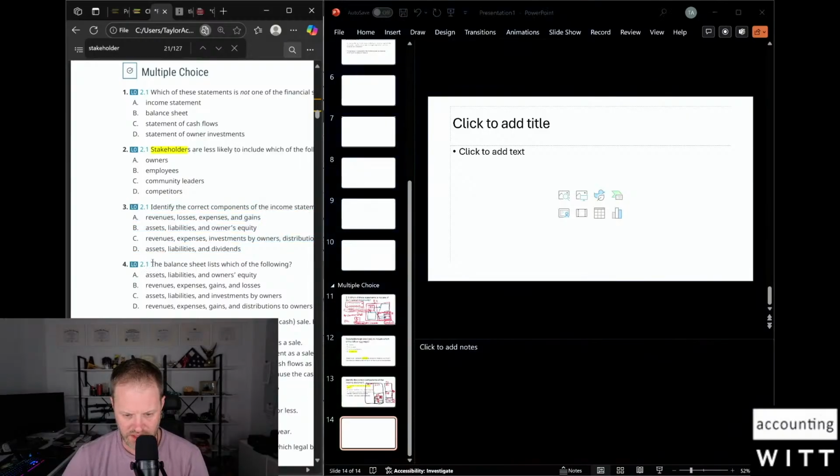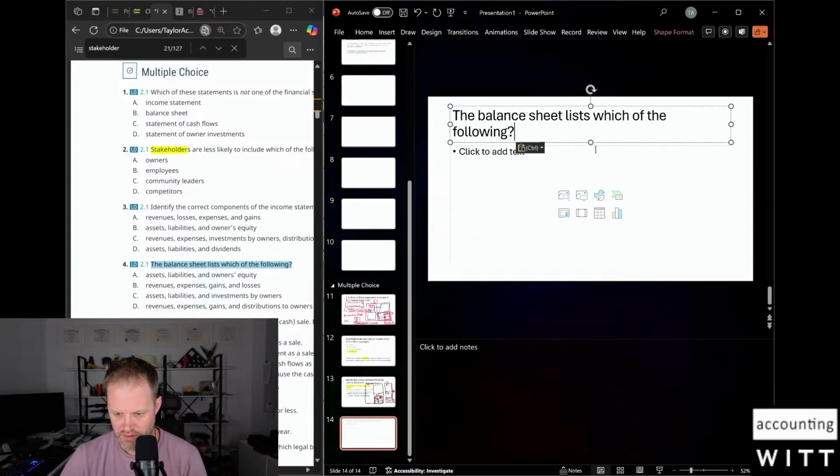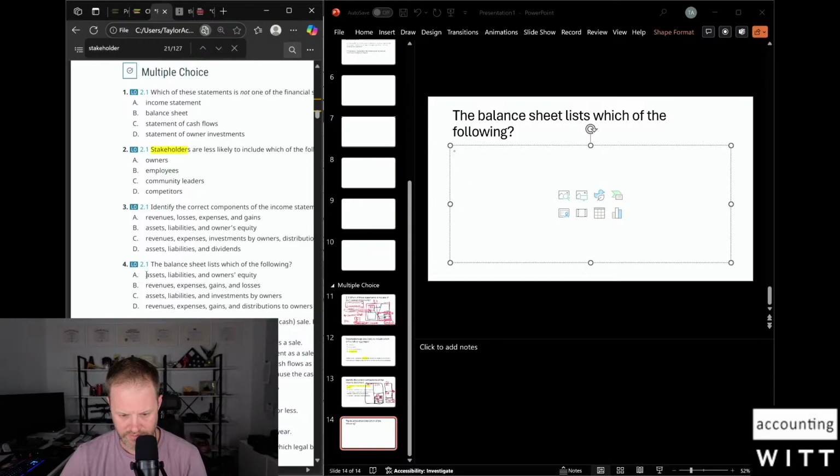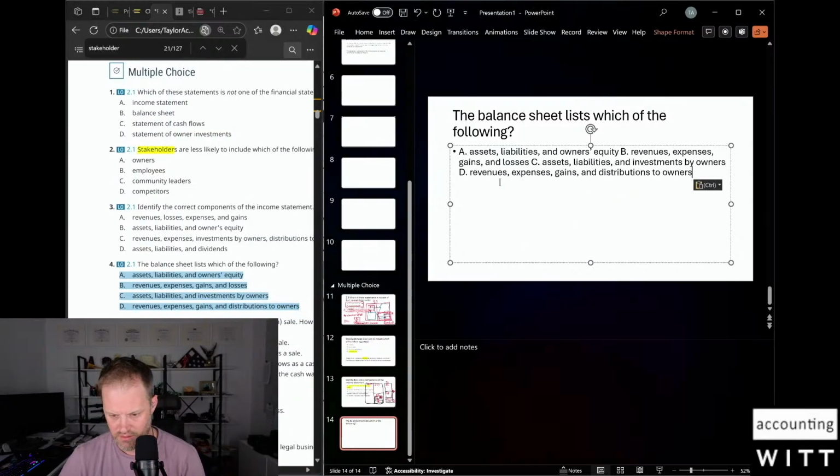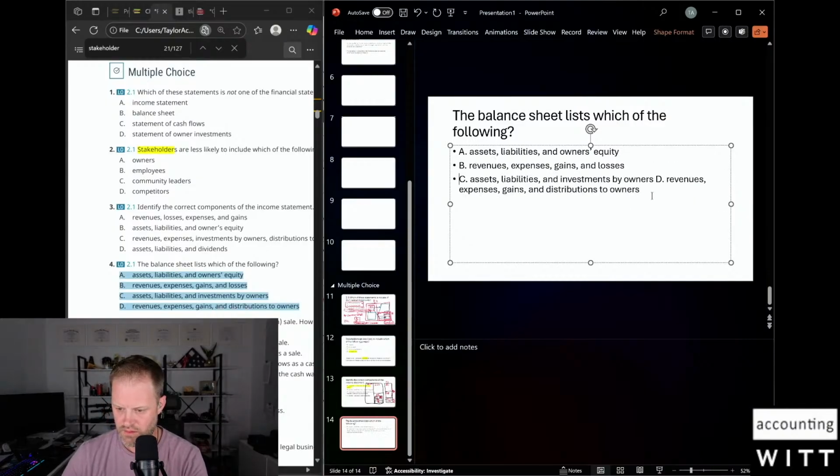All right, the balance sheet lists which of the following? So this is going to be the same exercise as we just did. Okay, so hit the picture again.